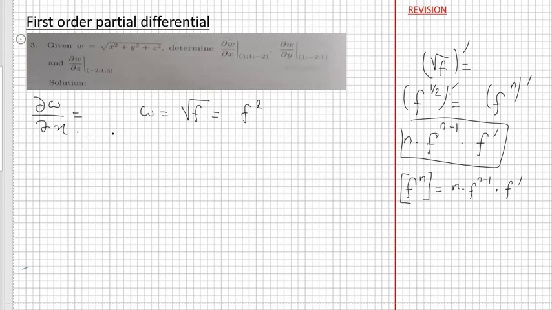So if I have to derive w, I can say the derivative of w with respect to x. So that gives, I need to bring the exponent down, and then I have my function f.